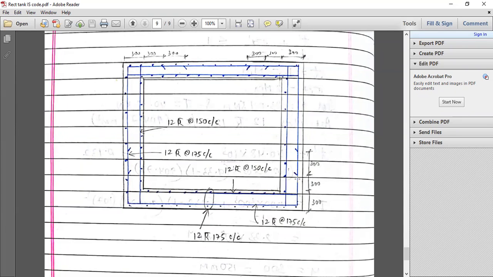Take down the reinforcement detailing. So how much is this now? This is how much we have provided? 16 torr at 180. ठीक है, तो ये भी 16 torr at 180 है. Even this, even this. Okay.